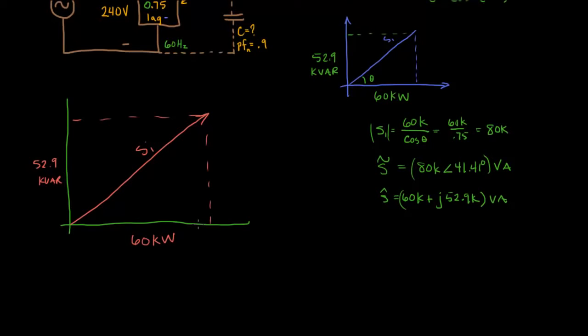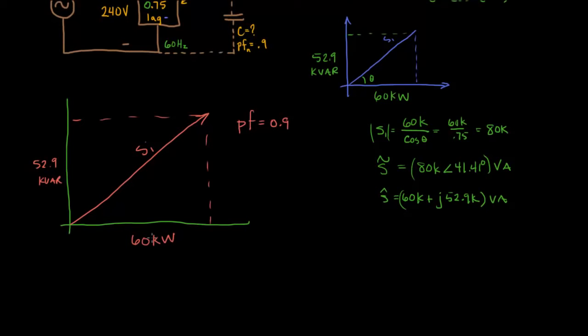Now what we want to do is bring the power factor to 0.9. So we want PF new equal to 0.9. To do that, we need to calculate what the angle would be, and we'll draw it in. So the power factor will be, and that's lagging too, right?